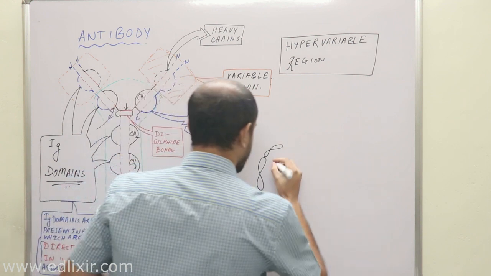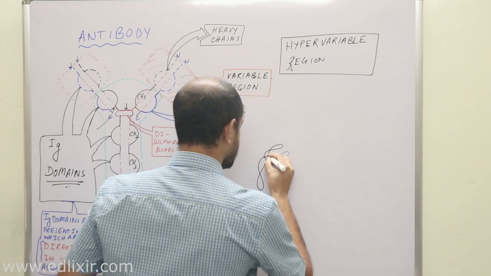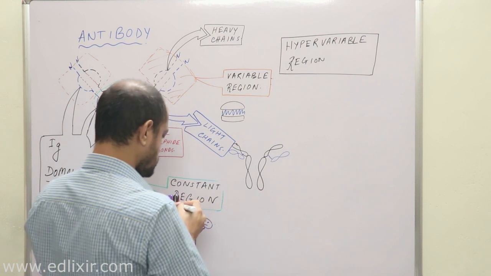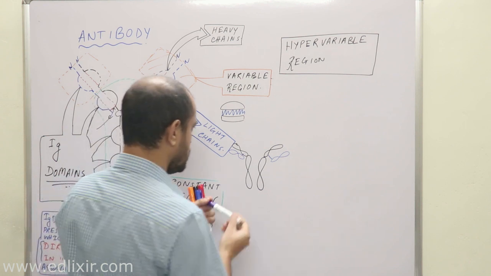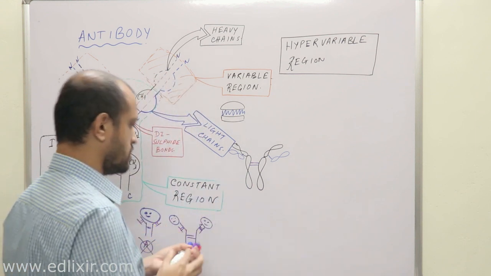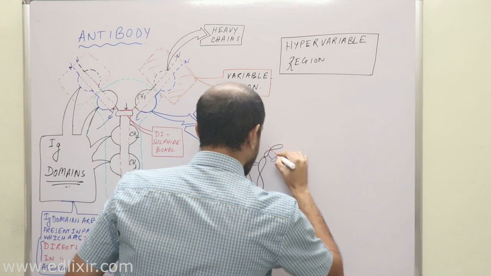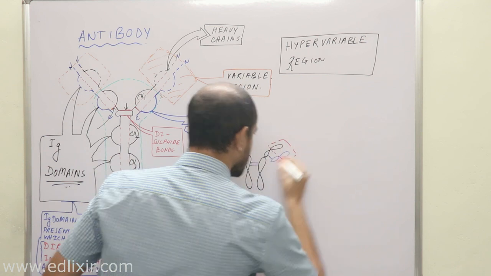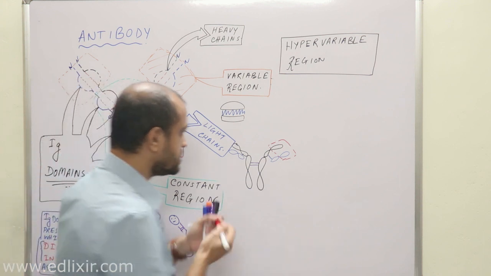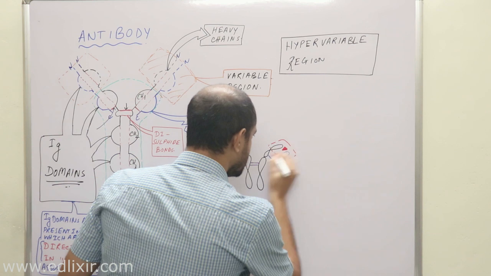Why I am drawing like a ribbon you will understand later. Now listen, this region is your hypervariable region. The antigen will actually fit here, in this region.